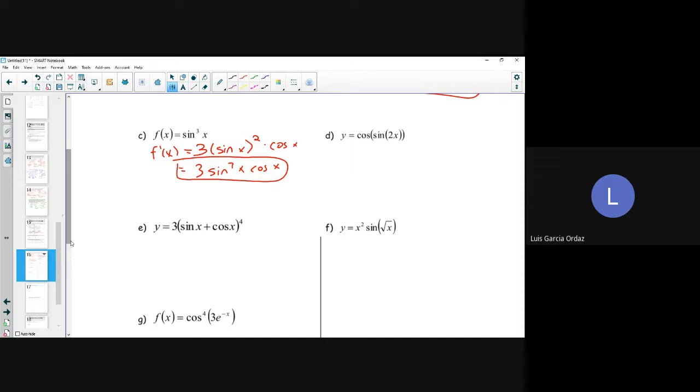All I'm doing is basically taking my power rule, which is basically saying I bring this to the front, which gives me 3. And then I take sine of x and bring it down to a singular power. And then I have to multiply by my derivative of sine of x, which is cos x.